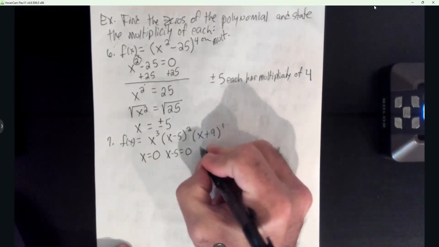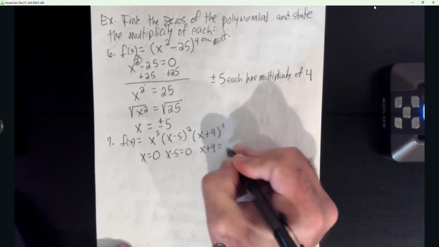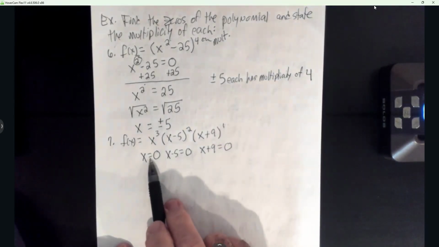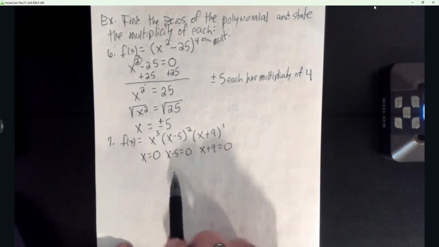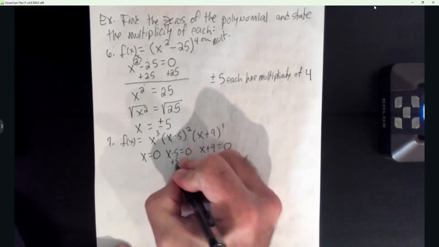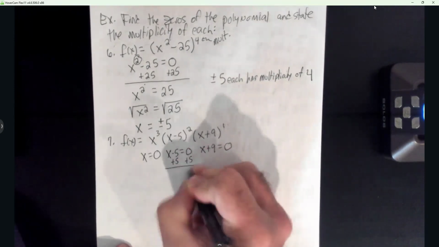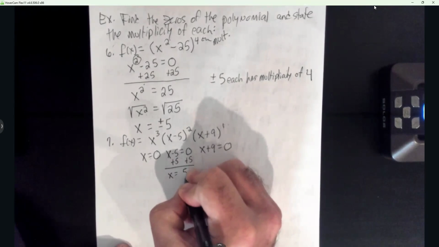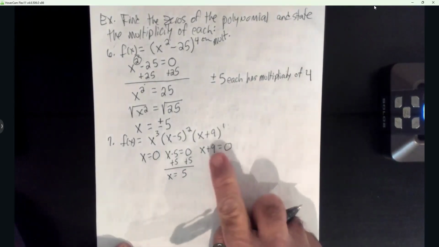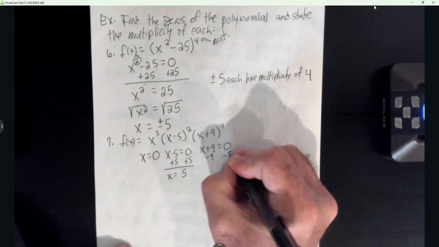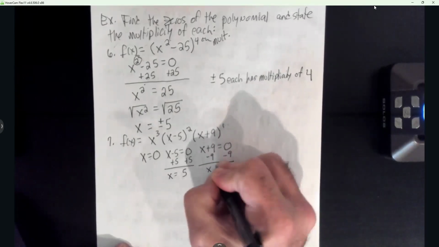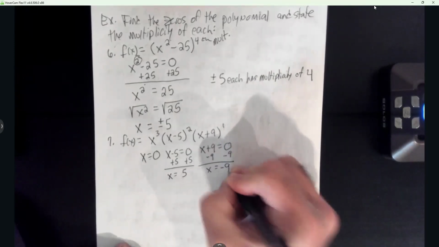And then we'll set the x plus 9 equal to 0. So this one you can't do no work. It's done. Here, to get the x by itself, you're going to add 5. And again, x equals a positive 5. This one, you're going to subtract 9, and you're going to get x equals a negative 9.